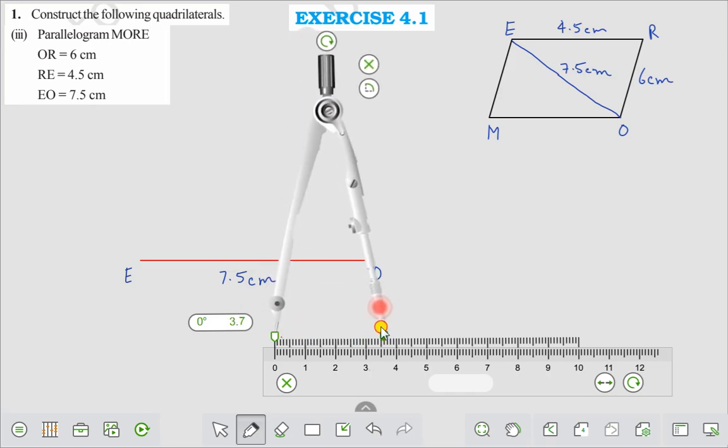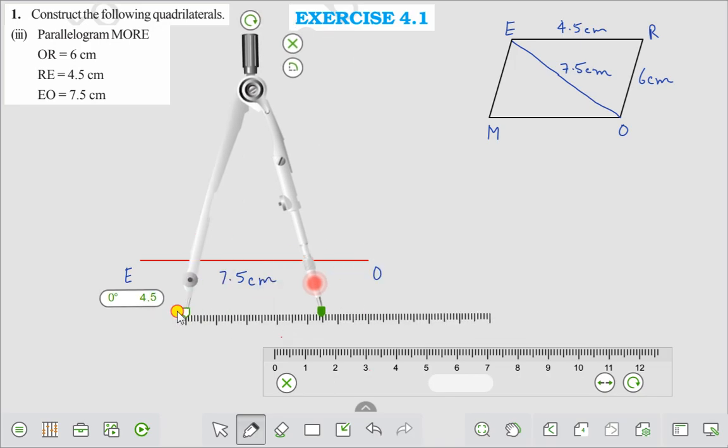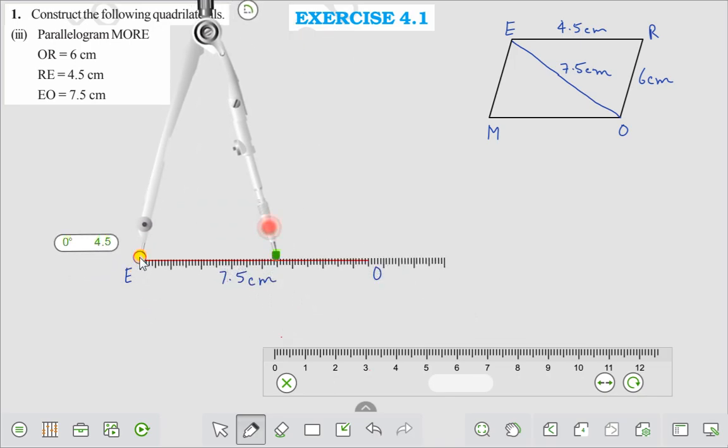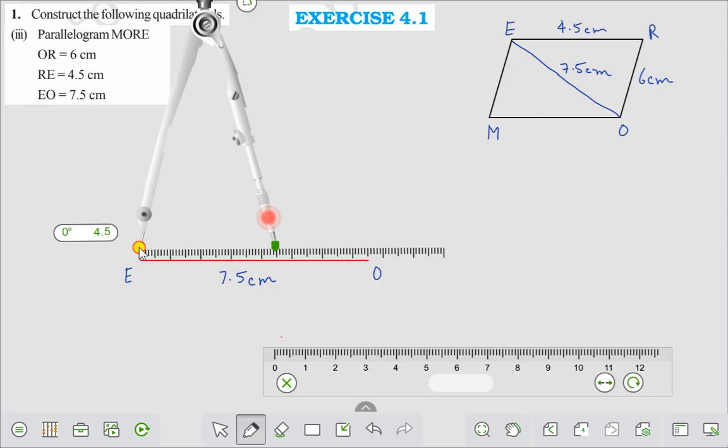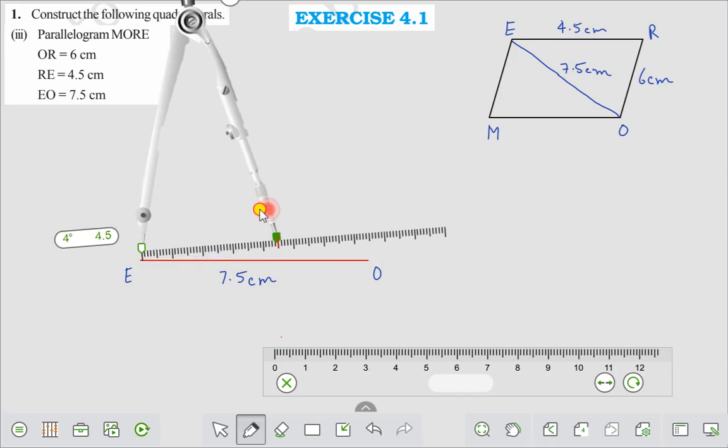Here you see exactly 4.5 cm. With the pointer at point E, take an arc here.